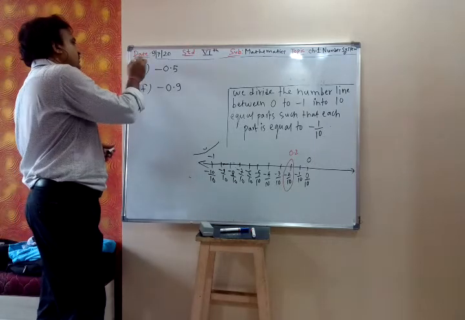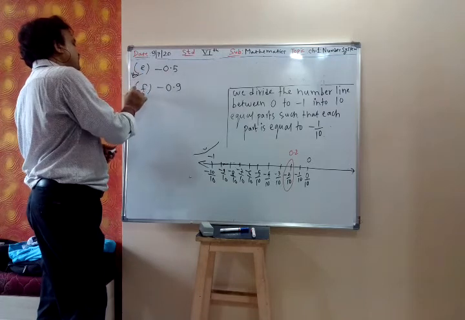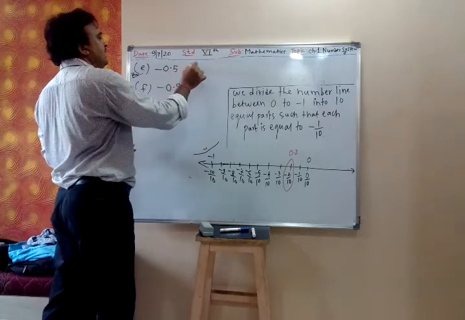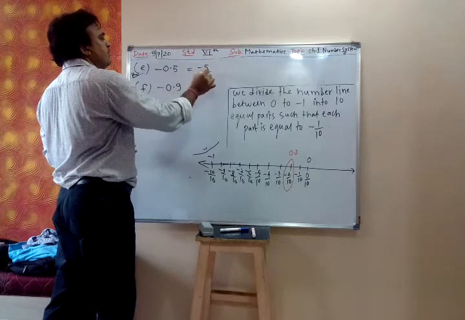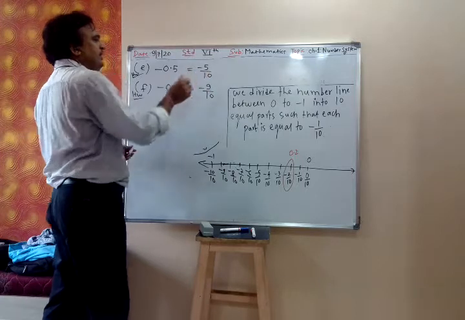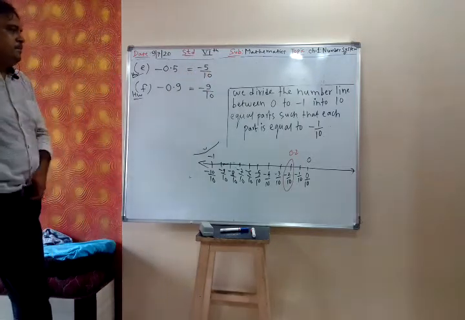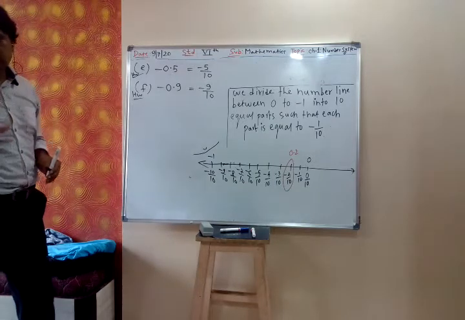Let me give both as homework. Because 0.5 you will write as minus 5 upon 10, and this you will write as minus 9 upon 10. So divide the number line between 0 to minus 1 into 10 equal parts.